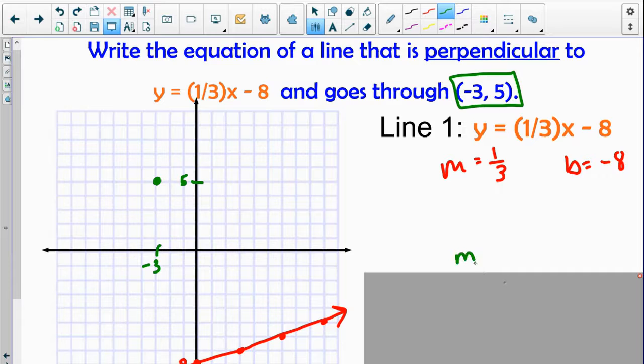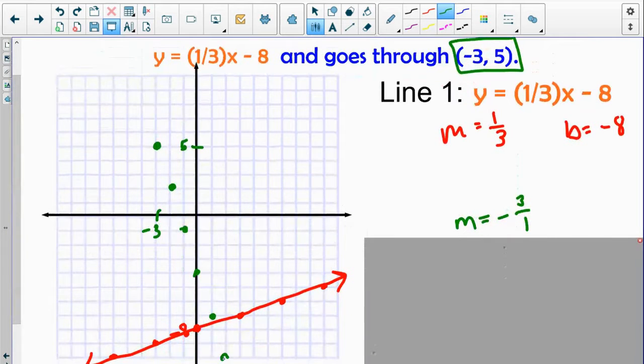Well, I'm going to need to use a slope that's the opposite reciprocal of 1/3. -3/1 is the same as -3. So I can plot more points by going down 3 and over 1. Or I could go up 3 and back to the left 1.